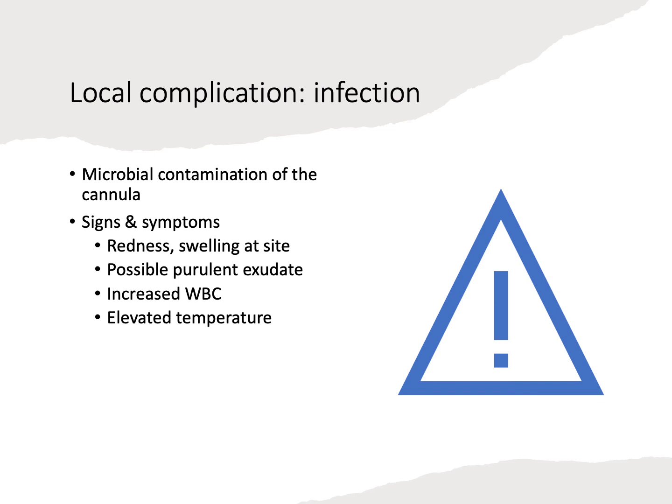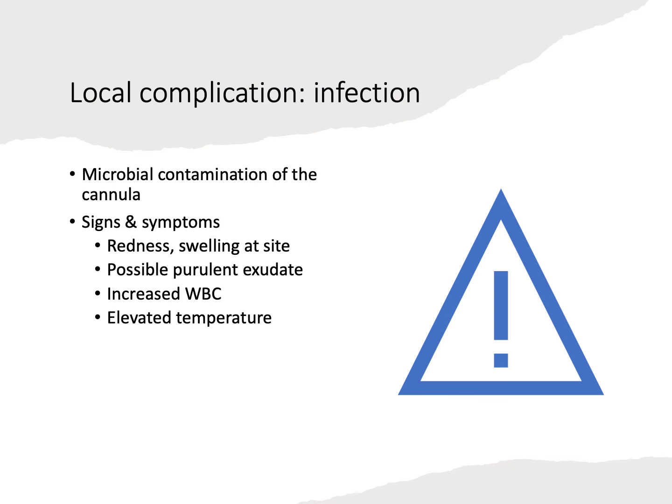And now we're moving on to another local complication, which could be an infection at the IV site. So some microbial contamination of the cannula. It could be like an infection of Staphylococcus. Might have entered when it was being put in and got into the circulatory system a little bit.